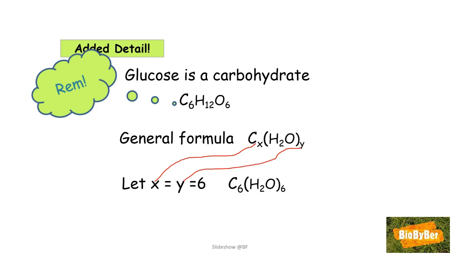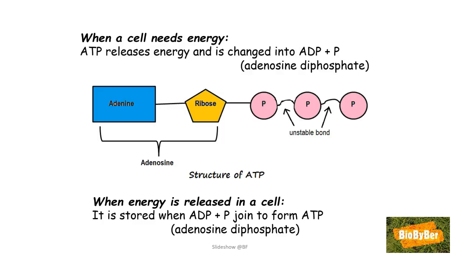Well, we will get C6H2O6, and multiplying out the brackets in maths, that will give rise to the formula of glucose. So the main point here is we have to recognize the fact that glucose can be represented by the general formula CxH2OY.